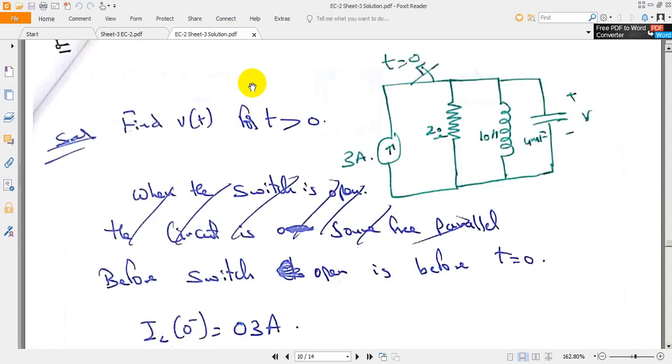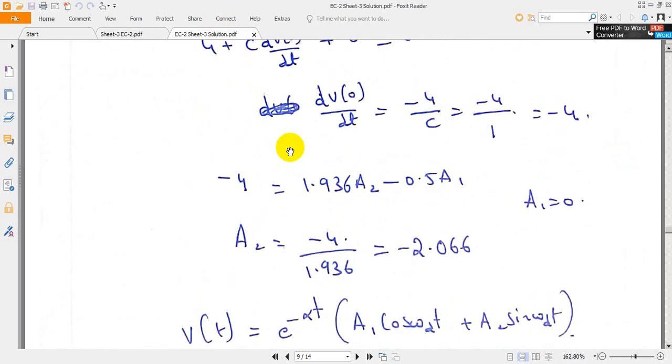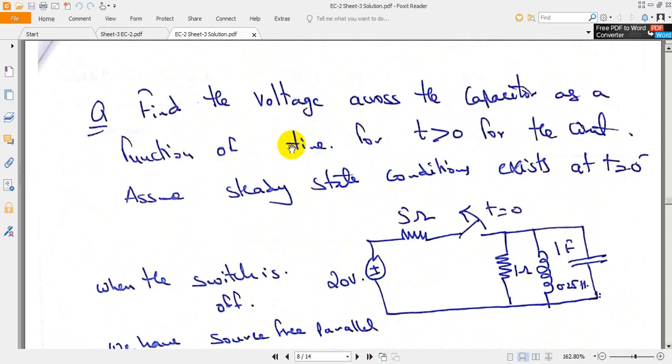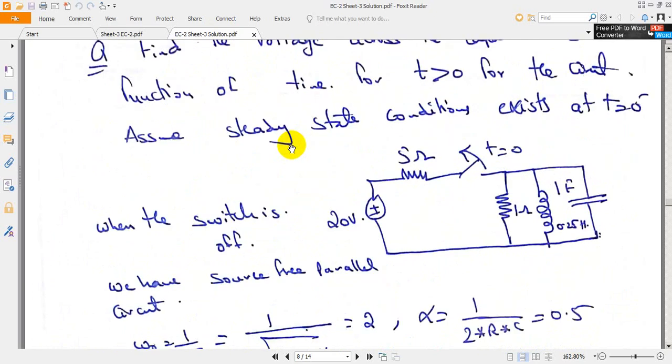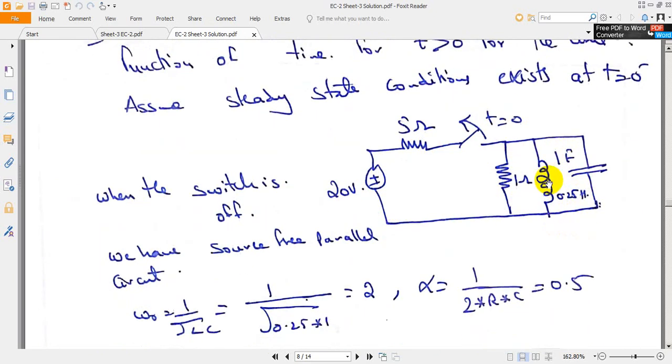The solution for this is, we have a circuit which is supplied by 20 volts, with a 5 ohm resistance connected in series to the parallel combination of 1 ohm, 0.25 Henry and 1 farad.